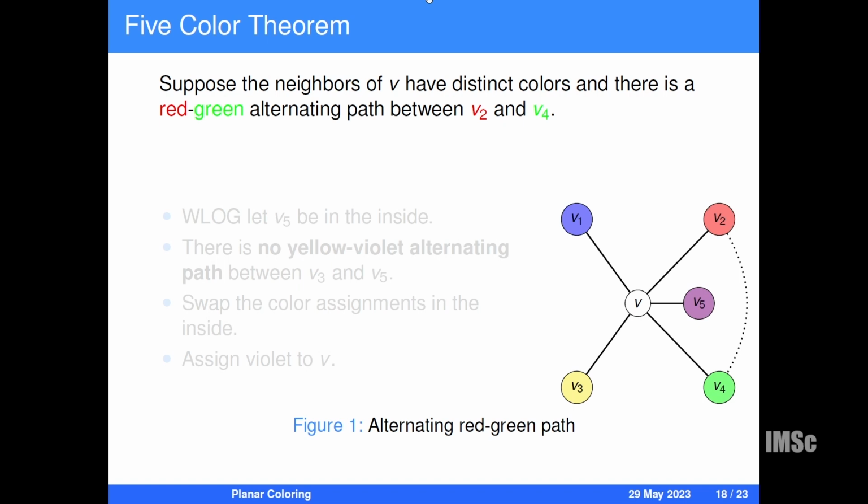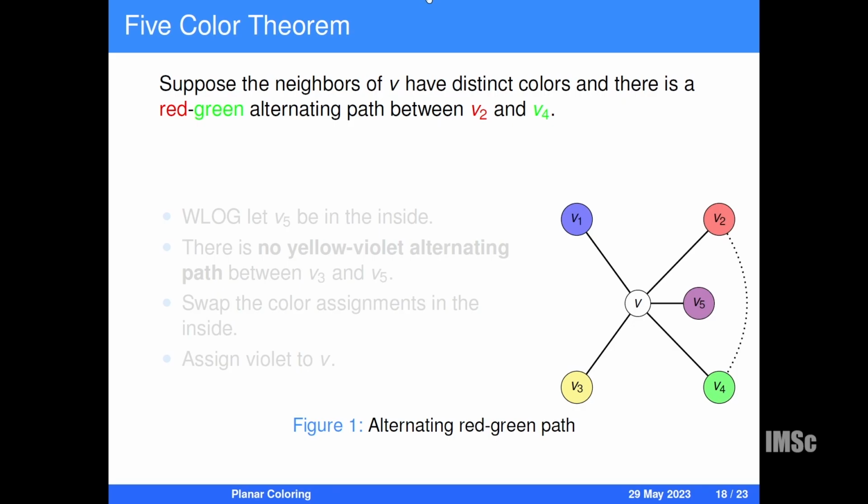So recall that this is a planar graph. This is a planar drawing. I'll first look at whether there exists a path between V2 and V4. Not just a path, but an alternating path in terms of the colors.